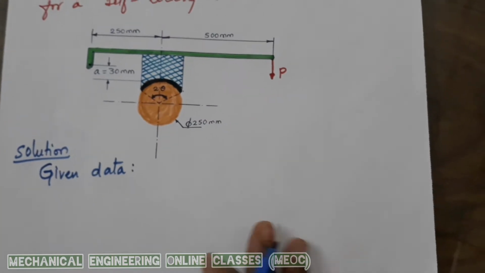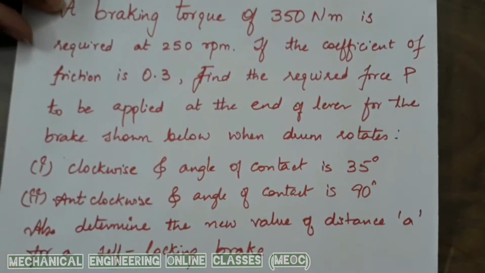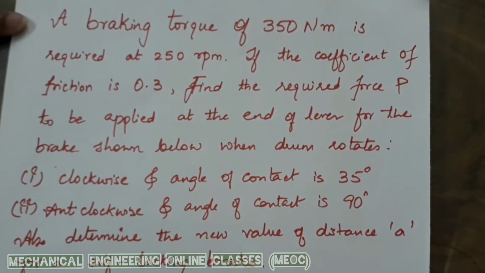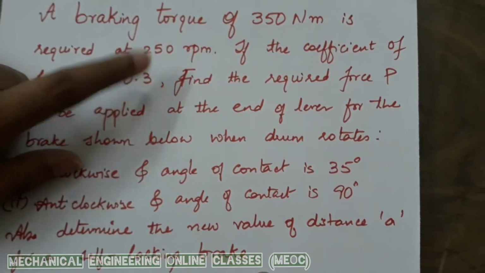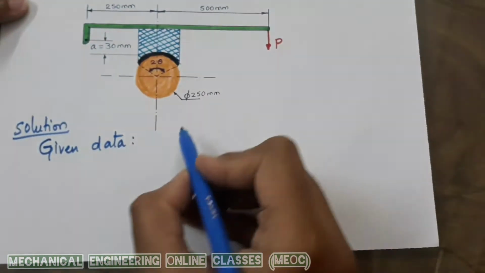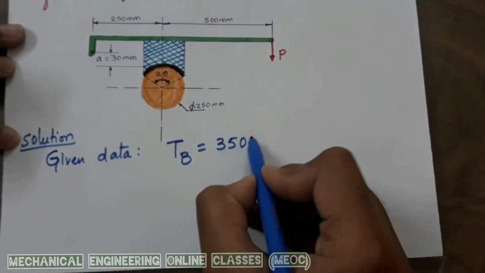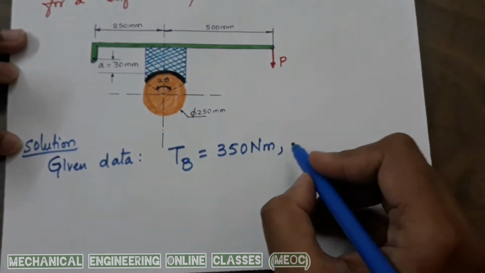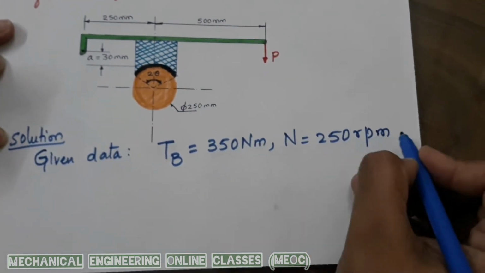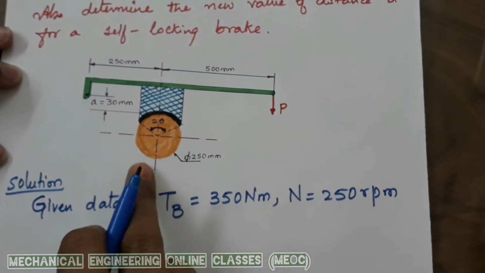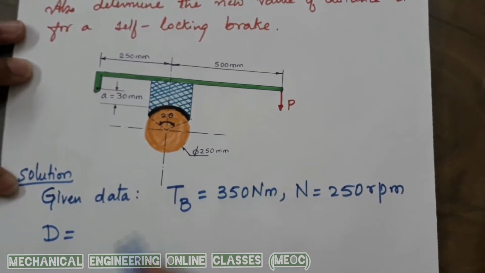As a part of the solution, I'm first going to write the given data. The braking torque is 350 Newton meter and the speed, capital N, is 250 RPM. The diameter of the drum is also given as 250 mm.